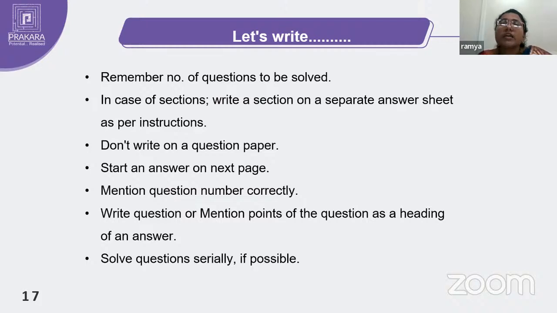So here also a separate paper must be taken for each and every section, and in that section you will be answering different types of questions. There also, if you take one paper, only if the paper is completed up to 50% can you go for the other paper. If you have not completed 50% of that answer sheet, then you should not start the next section. Like that, you should present the answer sheet.